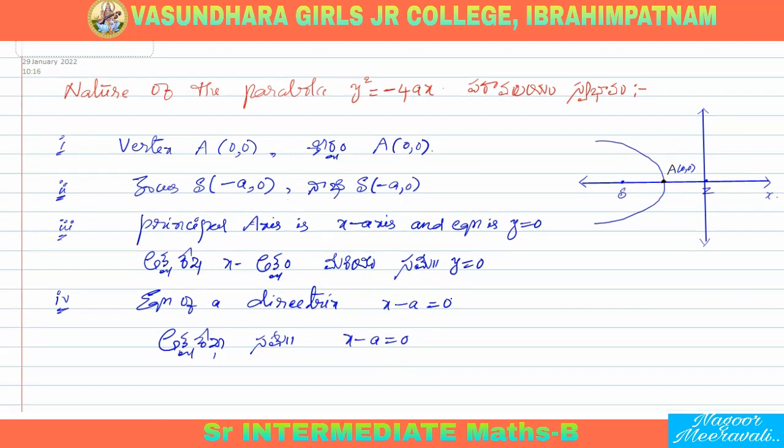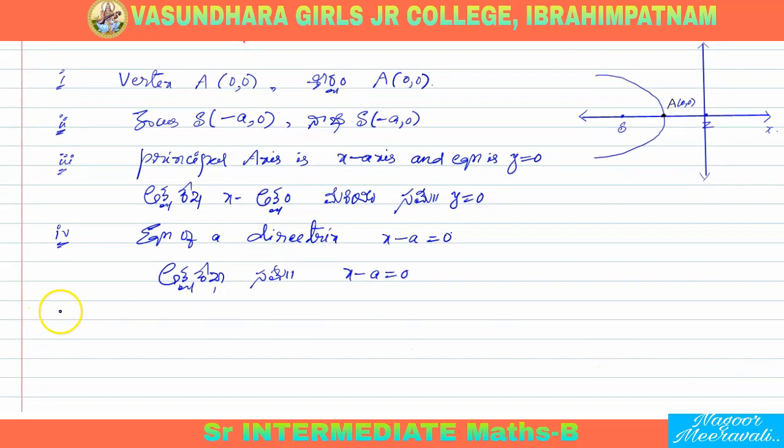Next, what I have told you? Next, distances. In distances, whether minus or plus, take only the positive value, remember that. In distances we can't write minus values. Now the distance between the focus and vertex, that is SA is equal to a.